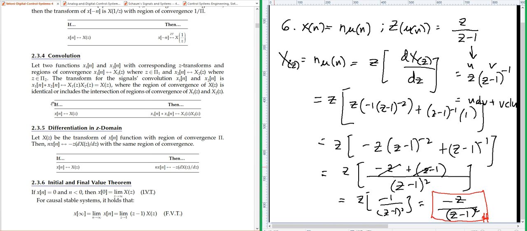So this is the differentiation in z-domain property. If you are familiar with the quotient rule, you can use that one too.